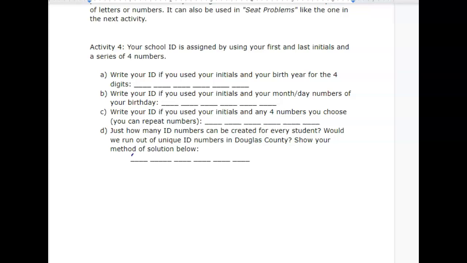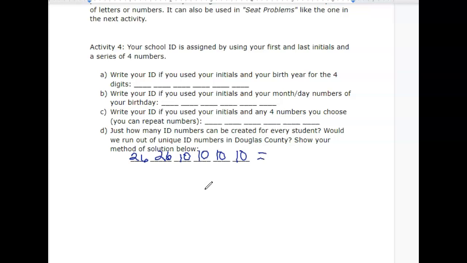So there are 26 letters in the alphabet, allowing the fact that your initials could be the same, CC. There are 10 digits to choose from, whether it's your birth year, your birth month, birthday, or any numbers that we want to assign to you.